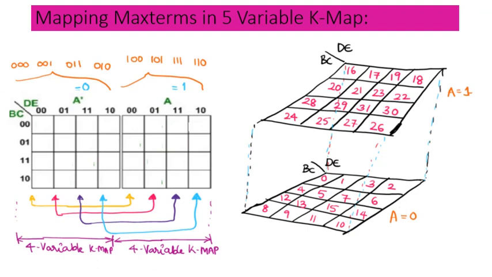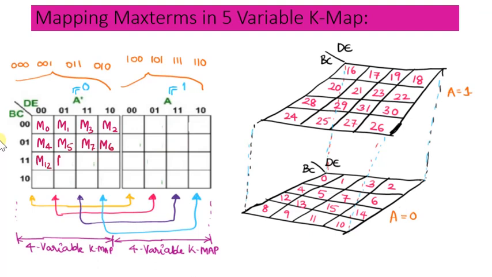Coming to the mapping of the max terms in the 5 variable Karnaugh map. If you look at this particular Karnaugh map, it is exactly the same as the one we have seen when we studied the 5 variable Karnaugh map for the mapping of the minterms.